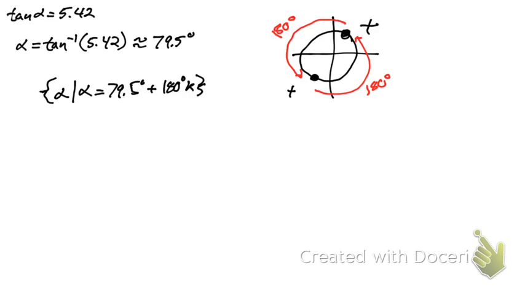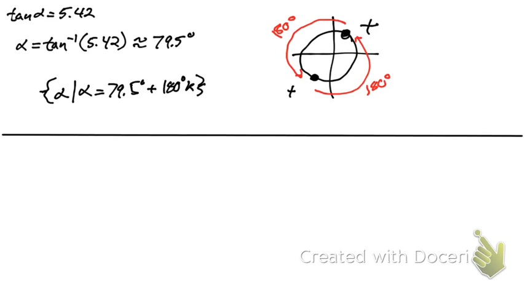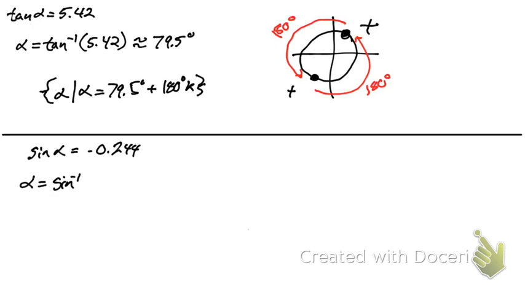So let's just work through that problem. We have sine alpha equals negative 0.244, which you would have plugged in your calculator, right? And gotten alpha equals sine inverse of negative 0.244, which comes out to about negative 14.1.